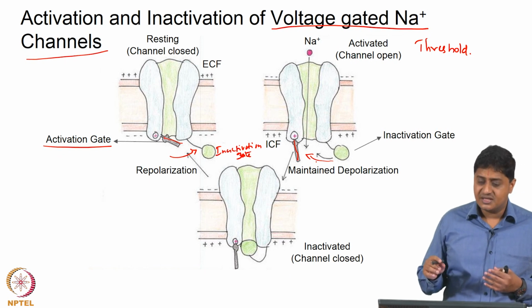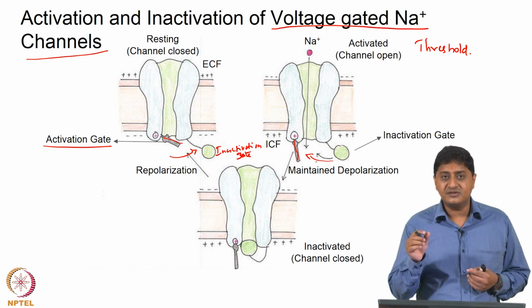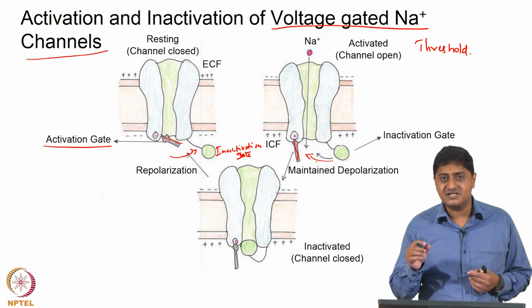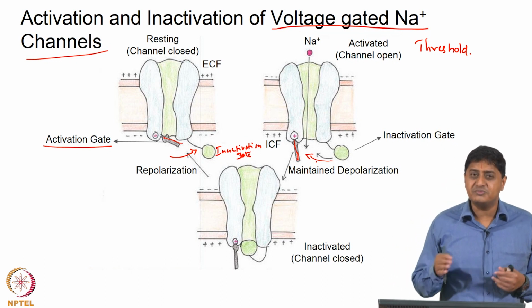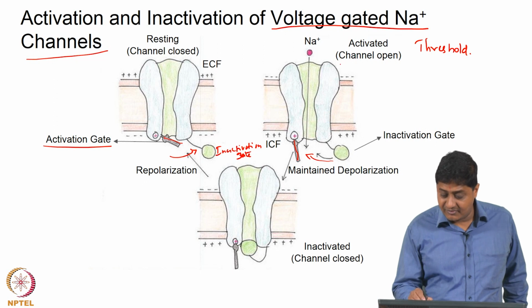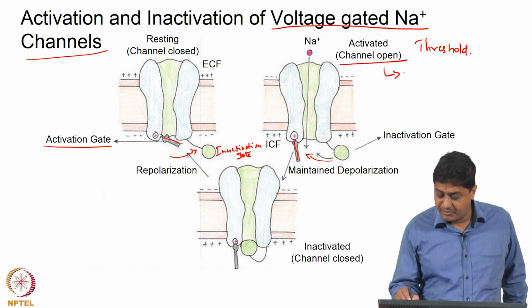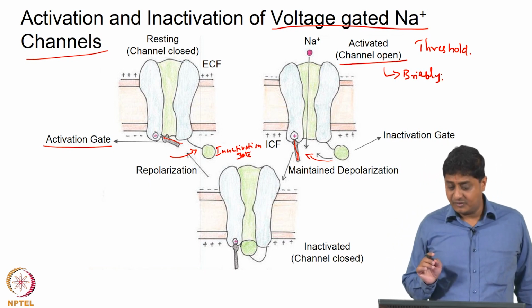So, there is going to be a relatively brief period during which both the activation gate and the inactivation gate remain open. The activation gate immediately opens and the inactivation gate is trying to close, but is not completely closed. In that state, the channel will remain open for a brief period of time.